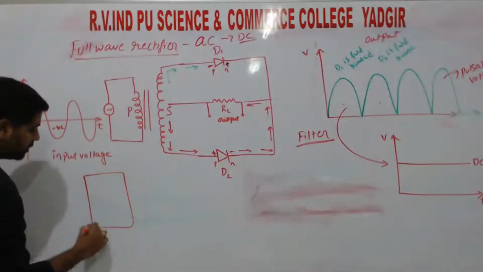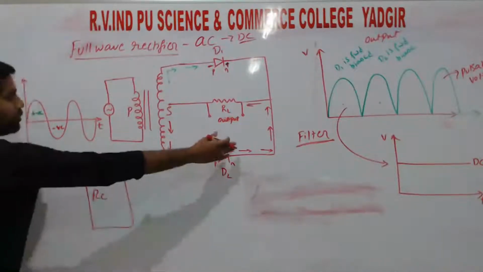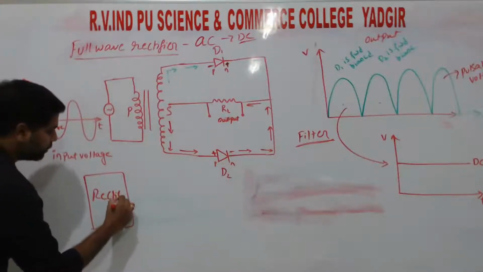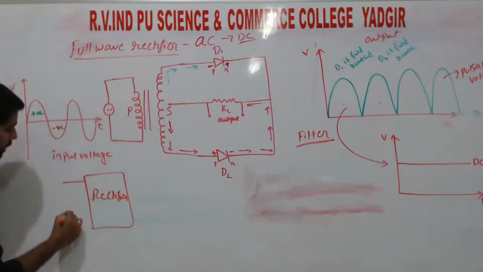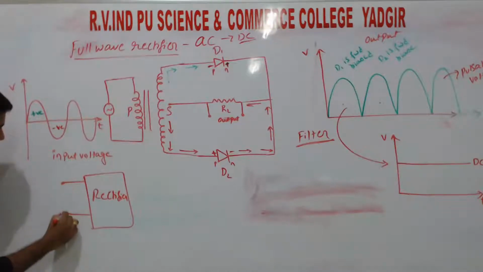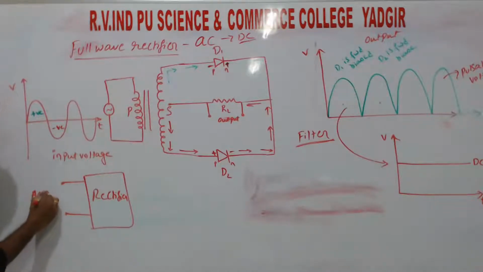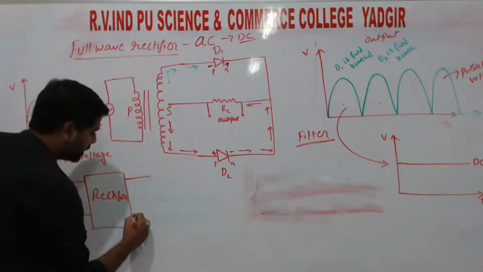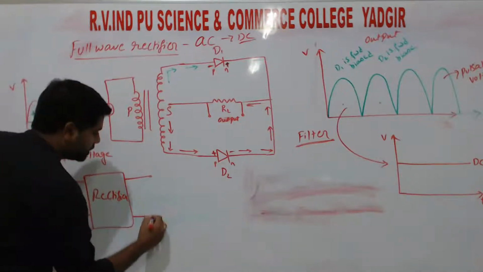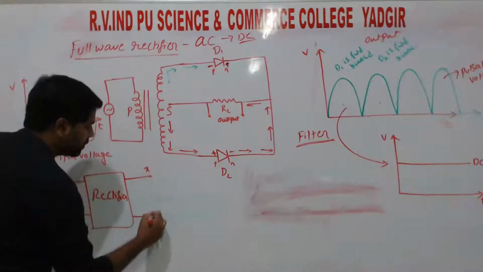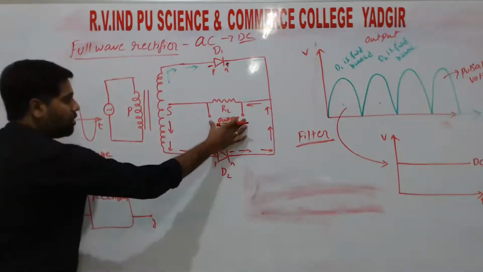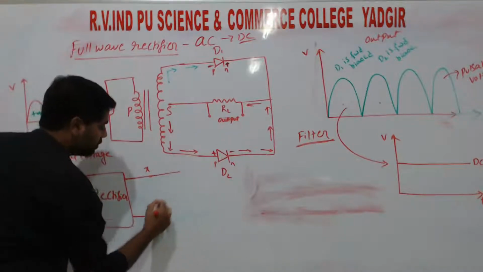Considering this as the experimental setup, this is considered as the rectifier. It has input AC here, that is the AC source. From here we are getting two terminals, that is X and Y. So we have one load resistance, right?